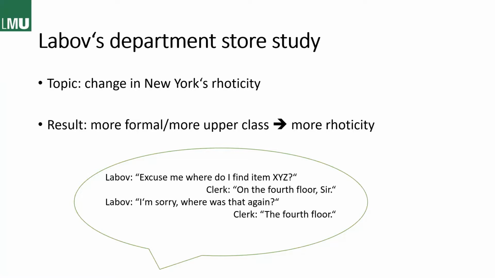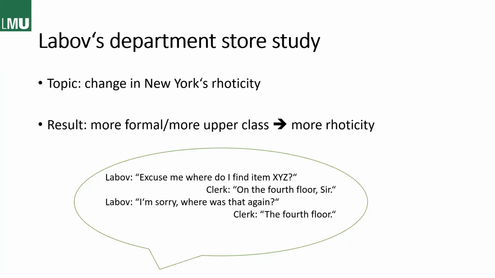So he went to three different department stores, one for each social group: working class, middle class, upper class. Then he did something like indicated in the speech bubble below, and would ask a clerk for an item that he knew was on the fourth floor. The clerk, as expected, would answer that the item is on the fourth floor.